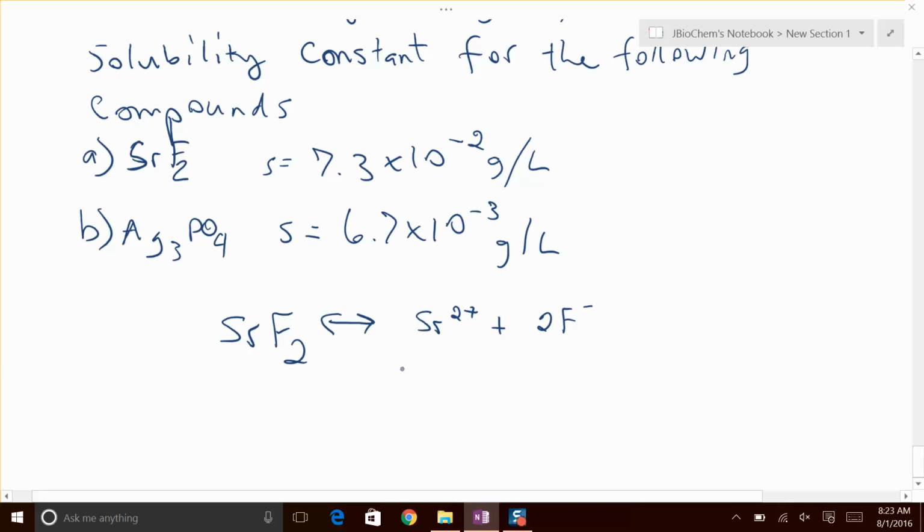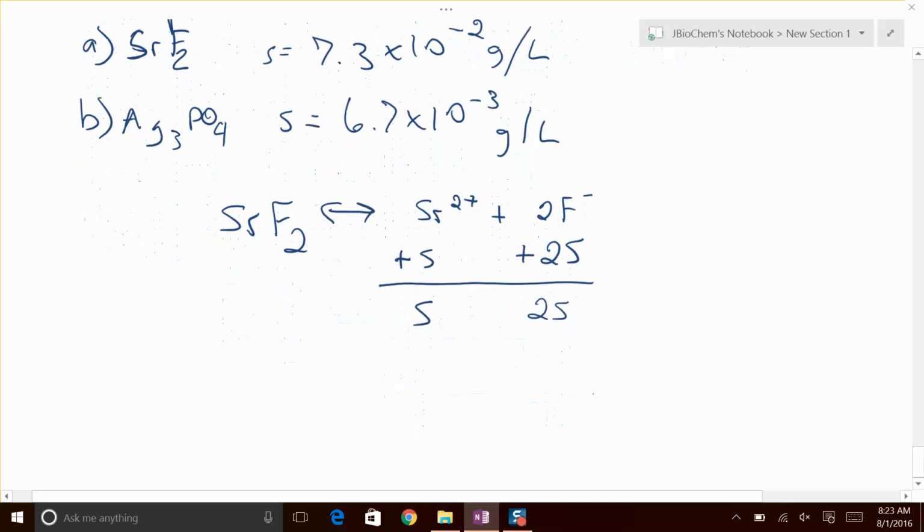Okay, so this is going to be plus S plus 2S. And at equilibrium, we'll have S and 2S, right? So KSP equals the concentration of Sr2+, which is S, times the concentration of F minus, 2S squared, because the coefficient is 2.